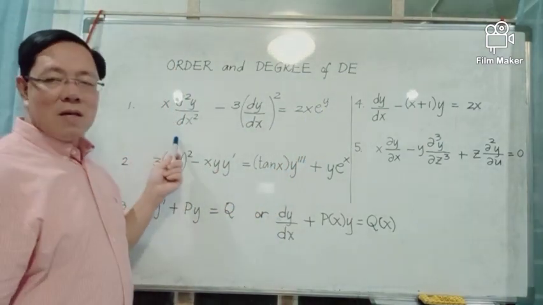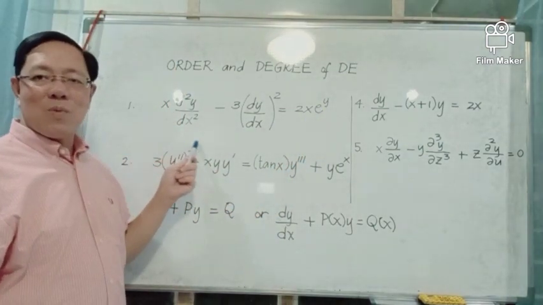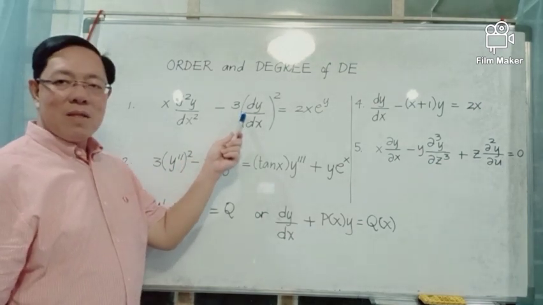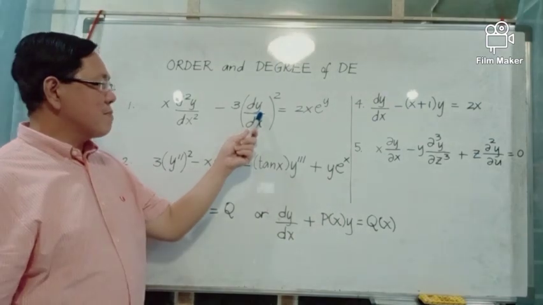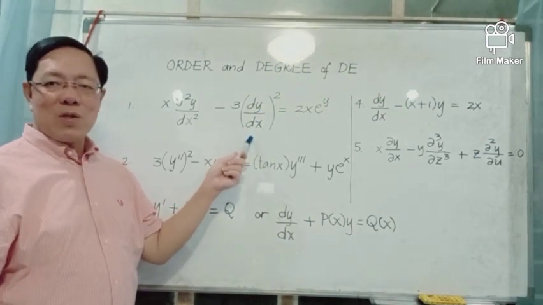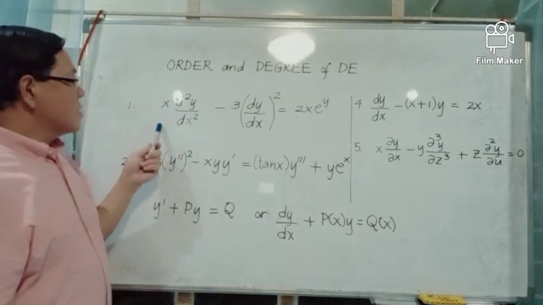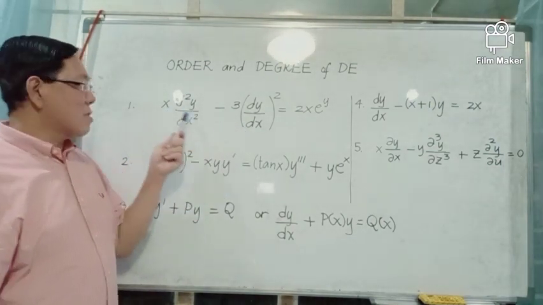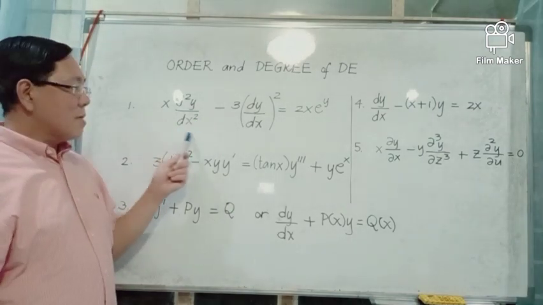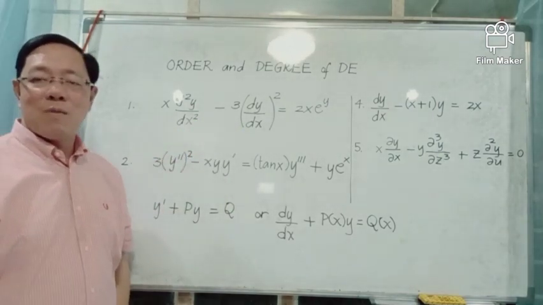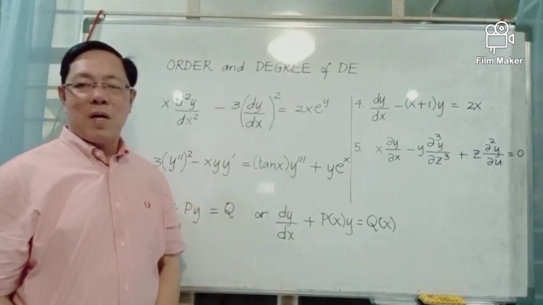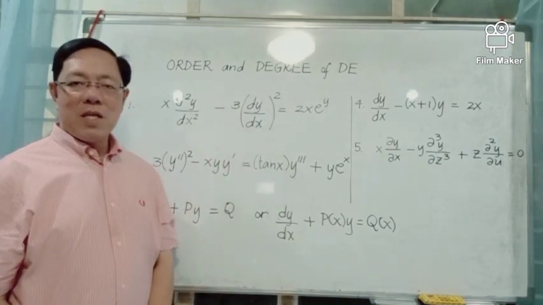This is an ordinary differential equation because it contains ordinary derivatives. It contains the first derivative of y with respect to x and the second derivative of y with respect to x, and the function y is a function of only one independent variable x.